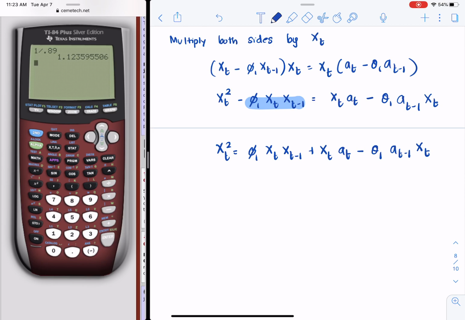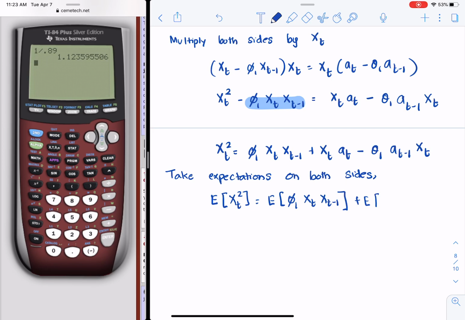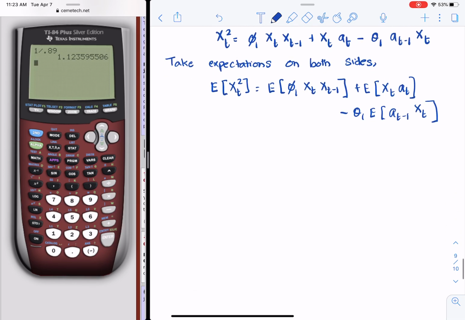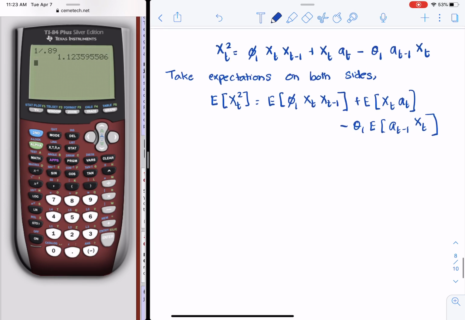And we would quickly realize by taking expectations, the left hand side is simply gamma naught.